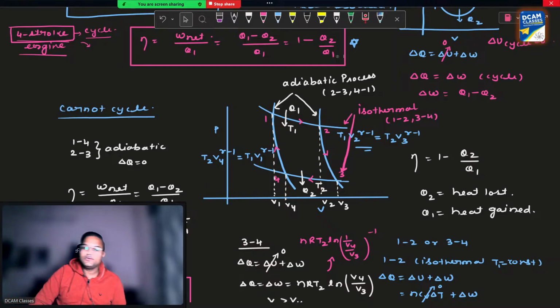So why should it absorb heat only? If pressure is decreasing and volume is increasing, then also your thinking is correct actually.